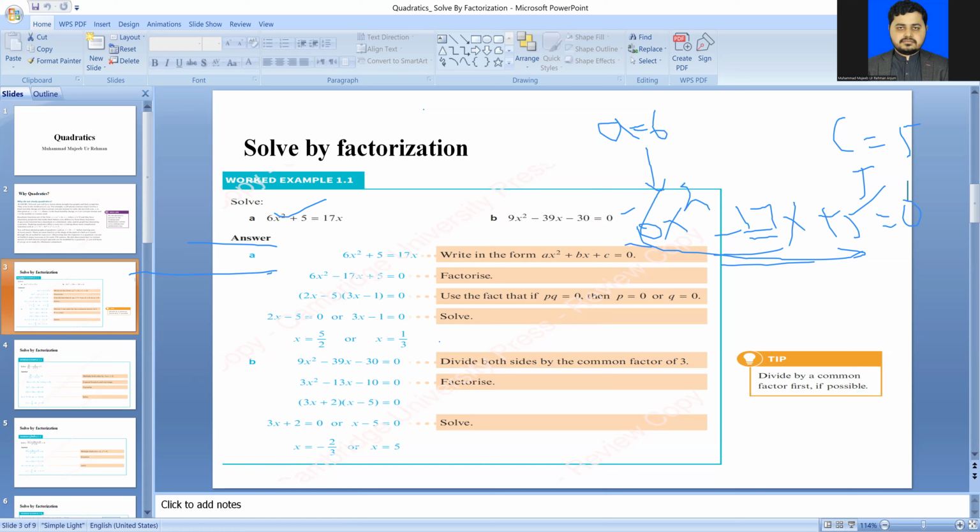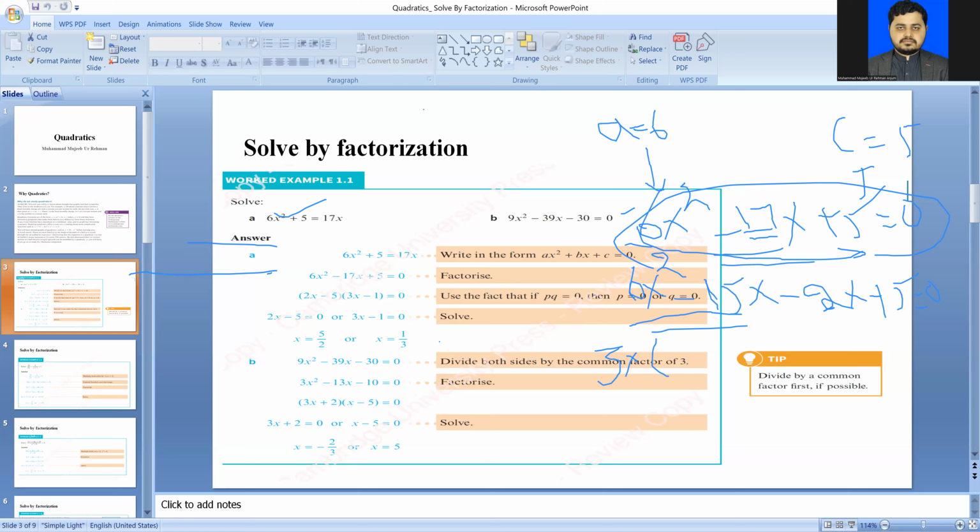So we have this equation. We break the middle term into minus 15x minus 2x plus 5 equals 0. From this first part, what becomes common here? 3x, right?